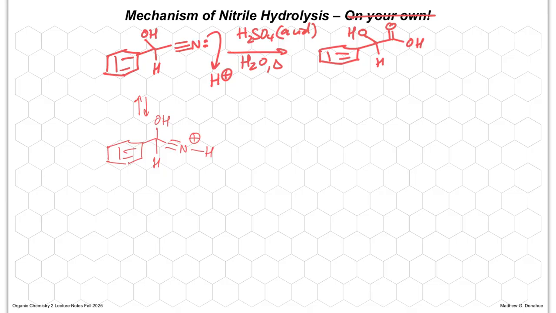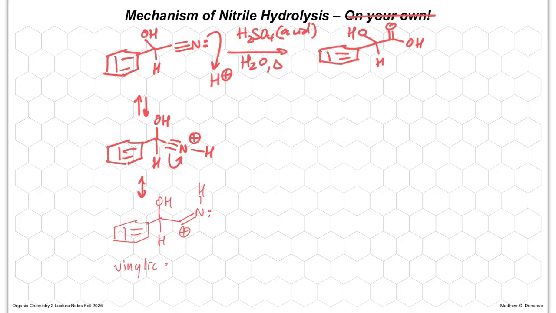We can draw a resonance form of that will help us understand how we start getting oxygens in there. So if we move a pi bond pair of electrons onto nitrogen, it forms this type of carbocation.